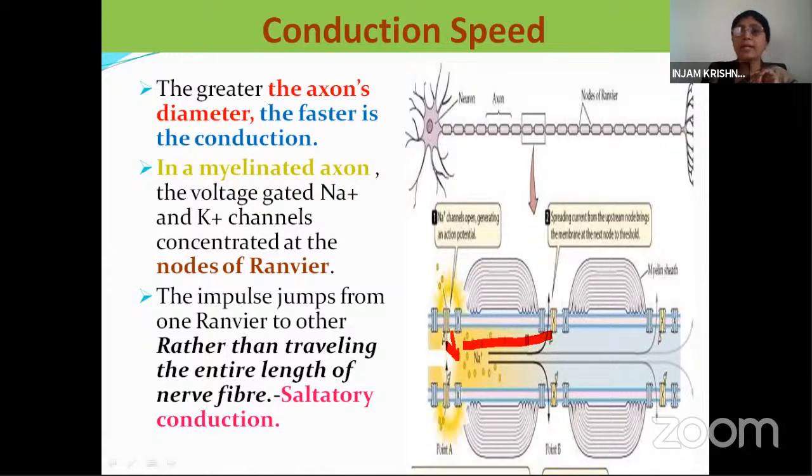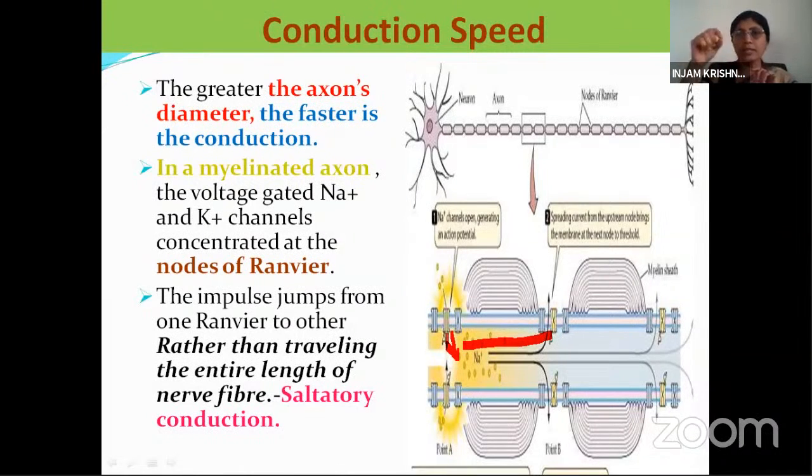So immediately it moves to this area and then this area. That's why it is jumping. So the nerve impulse moves faster than normal conduction.